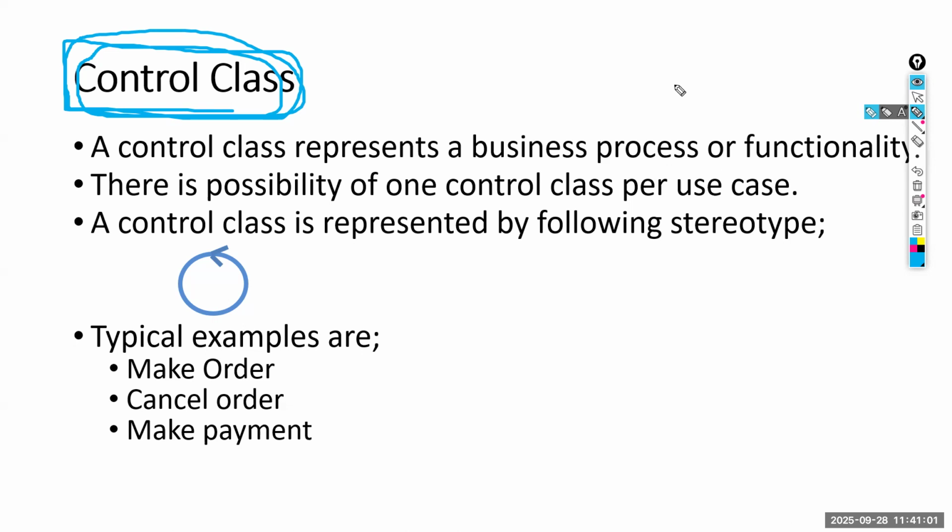In MVC architecture, model view controller, remember we have the controller. That controller is a control class. Remember we did the UI part in PHP. There we did not use a controller class.